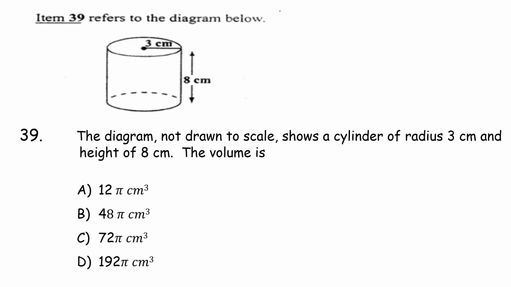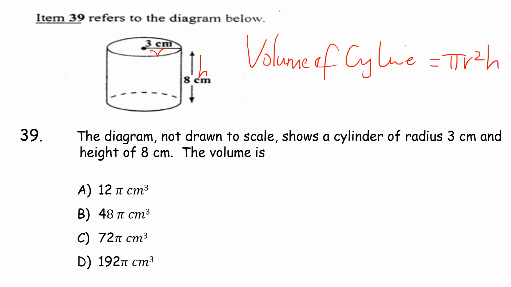Question 39 refers to the diagram below of a cylinder. It shows a cylinder of radius 3 centimeters, which is here. This is r. Height 8 centimeters. This is our height. The volume is, now the volume of a cylinder is equal to pi r squared times the height, because the base is a circle and the area of a circle is pi r squared, multiplied by the height.